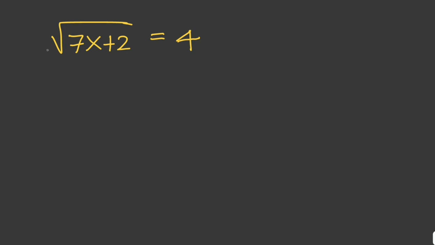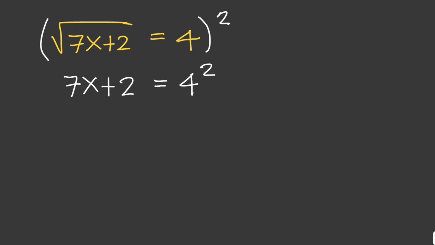Now let's solve this first by squaring both sides of the equation, or raising both sides of the equation to the power of 2. And then we simplify the exponents. So square root of 7x plus 2 squared is just equal to 7x plus 2, then equals 4 squared. Then we simplify this. This becomes 7x plus 2 equals 16.